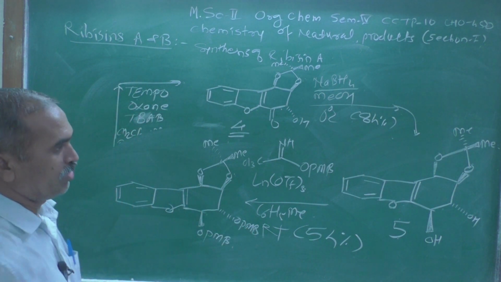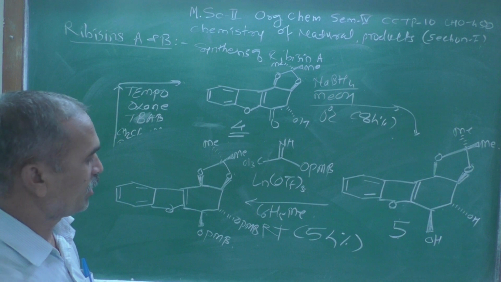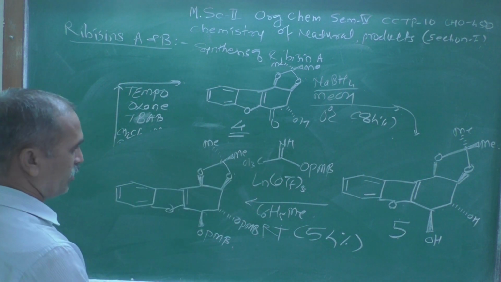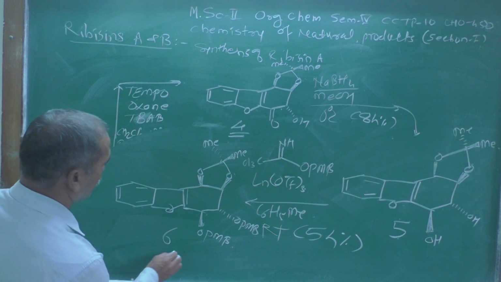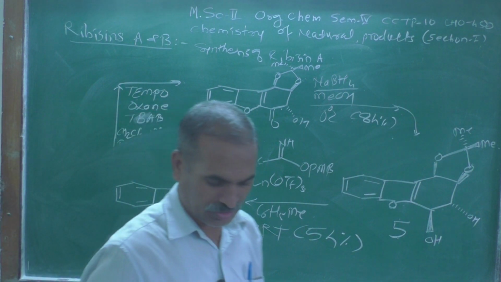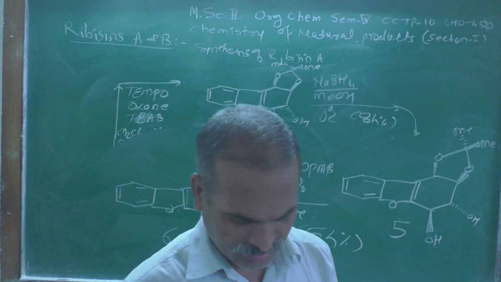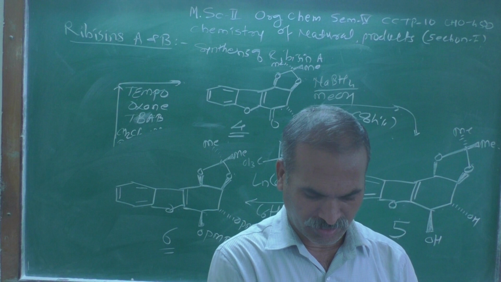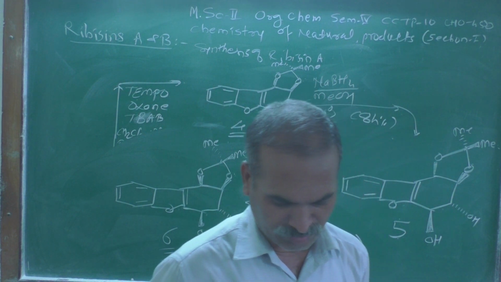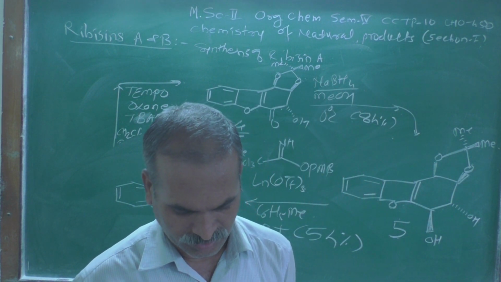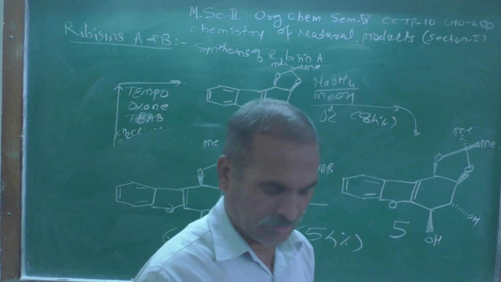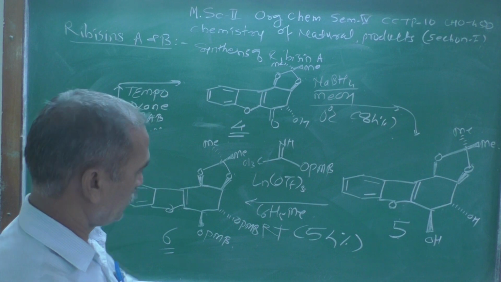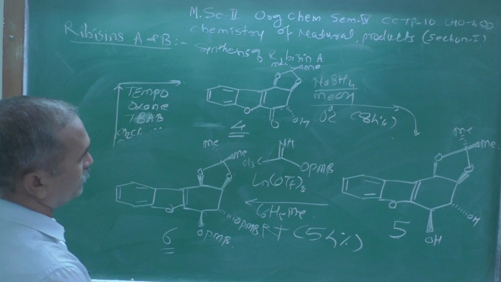So that hydroxy group gets protected when we added this reagent, and this structure is nothing but structure number 6, and after adding that reagent we got structure number 3. So toluene and these reagents, and after that we got the product.